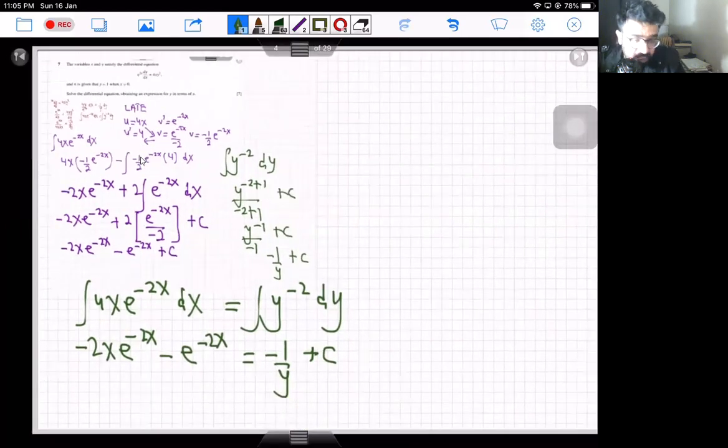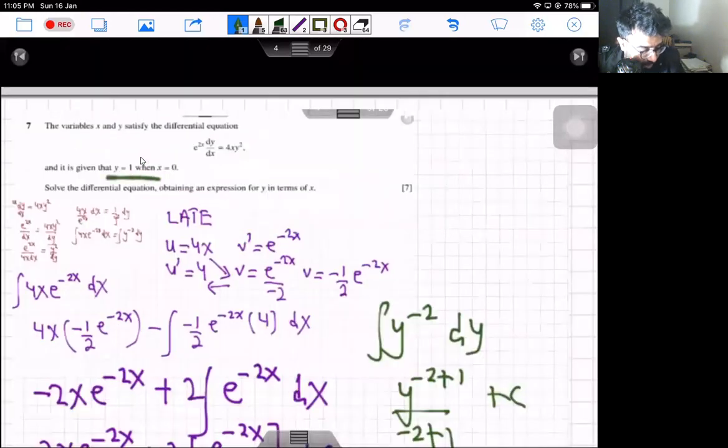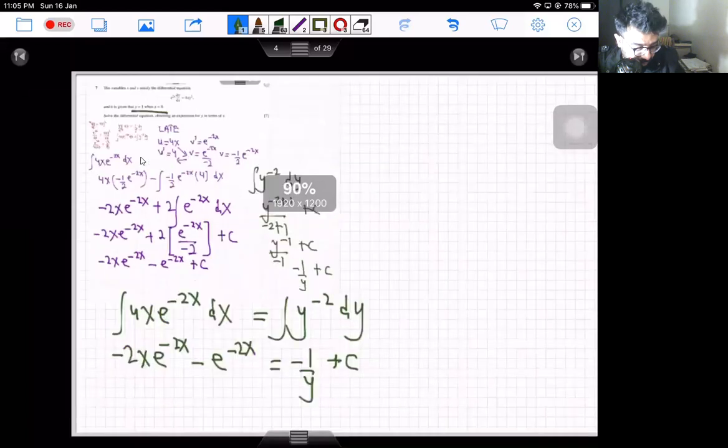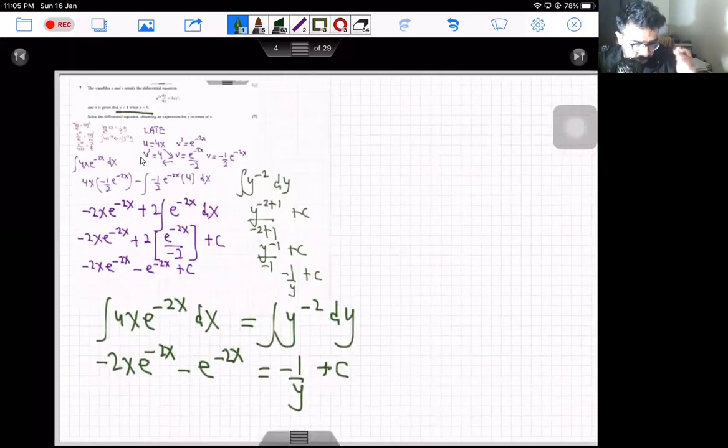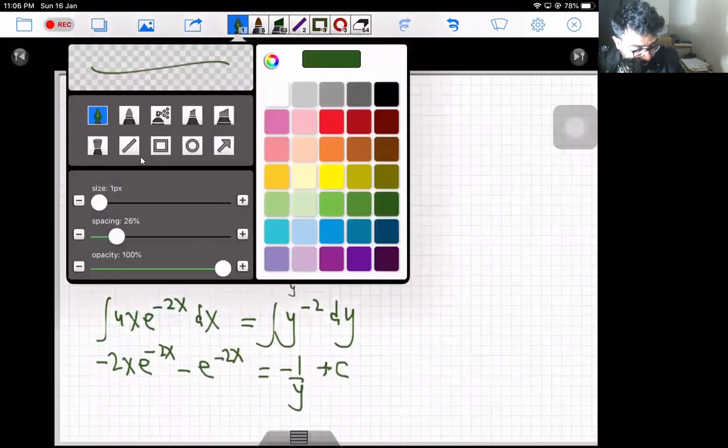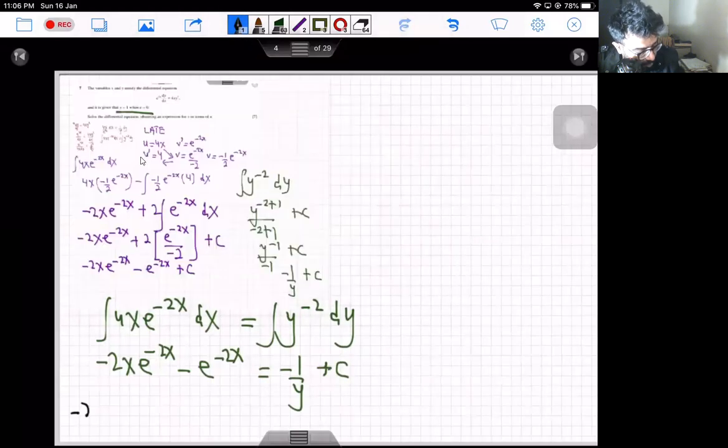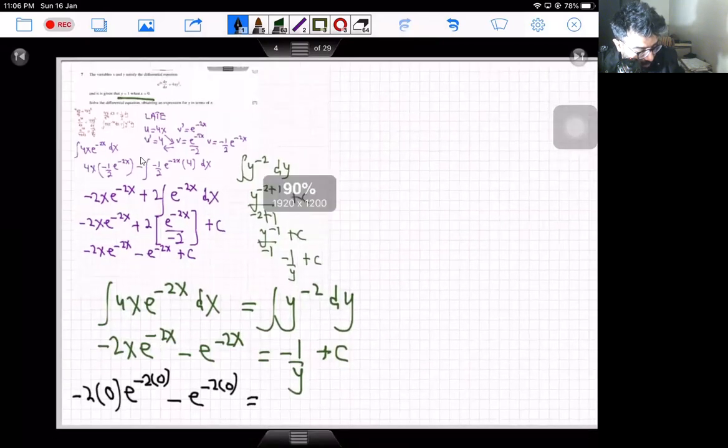Obviously we also have to find the value of c, and the condition given to us is that when x is equal to 0, the corresponding value of y is equal to 1. So minus 2 multiplied by 0 multiplied by e raised to the power minus 2 times 0, minus e raised to the power minus 2 times 0, is equal to minus 1 over 1 and then plus c.